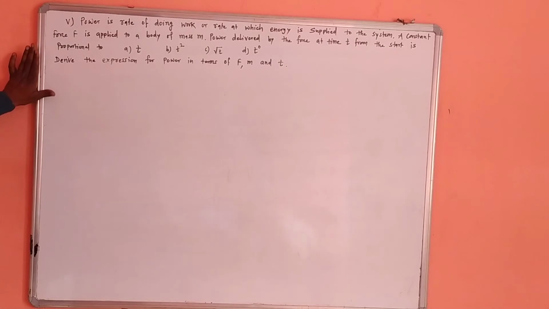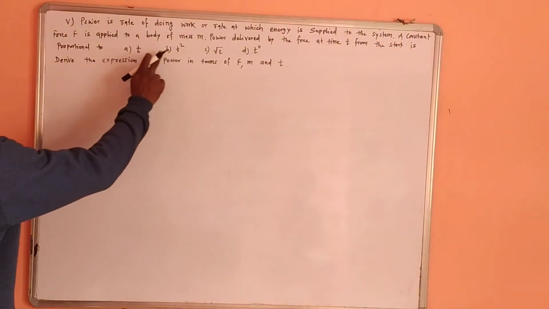You can refer the book, Maharashtra State Board book. All problems are given in unsolved exercise. So problem number 5th. Power is rate of doing work or rate at which energy is supplied to the system. A constant force F is applied to body of mass m. Power delivered by force at time t, small t, from the start is proportional to.